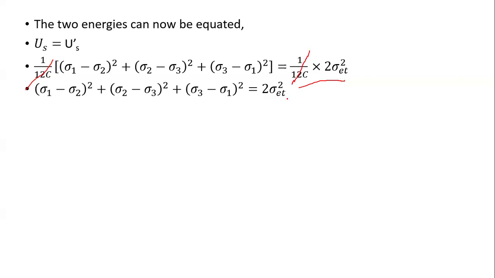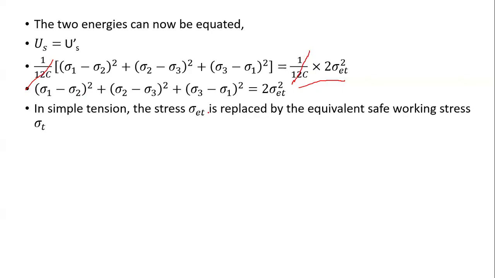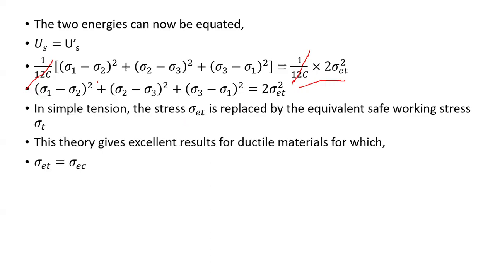We were equating these, we've simplified, and we are now here. The only thing is that where we have stress ET for simple tension, we can put stress T, which is the safe working stress for a material loaded in tension, and the expression remains the way it is.